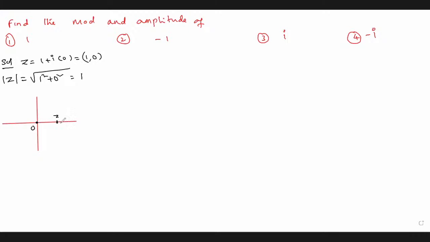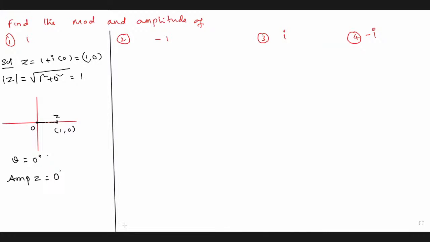So this is Z. What is the concerned angle? 0 degrees. So theta is equal to 0 degrees, which is nothing but amp Z is equal to 0. Okay, it's over.